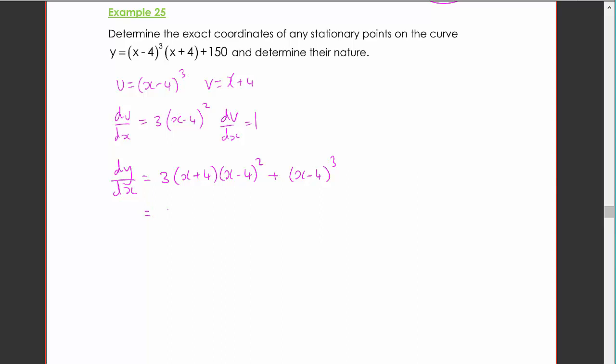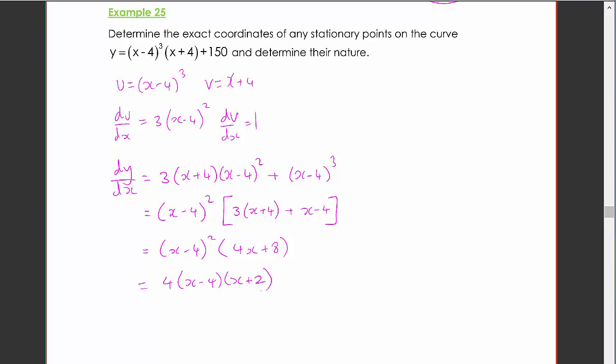Now we might want to do some factorising here. (x minus 4) squared comes out, and what we would be left with is 3(x plus 4) add (x minus 4), which gives us (x minus 4) all squared, and then here we've got 3x plus another x, that's 4x. 12 take away 4, so that's plus 8. So we could take a 4 out of that lot and have 4(x minus 4)(x plus 2).